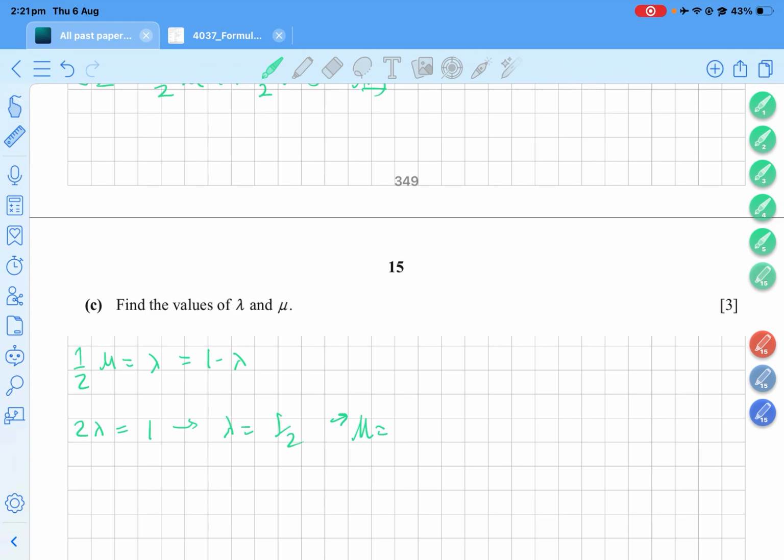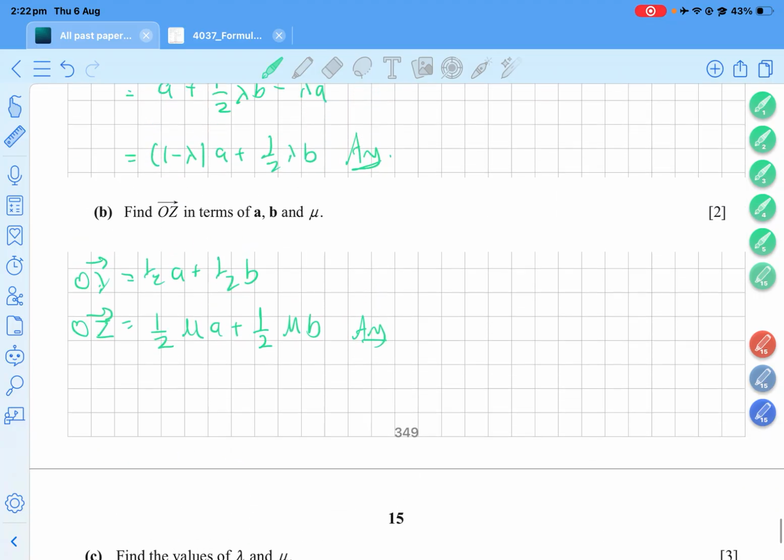I am saying that mu is equal to 2 lambda. So wouldn't mu just be 1? Lambda is equal to half mu. So 1 is equal to, no. Wait, what am I saying?